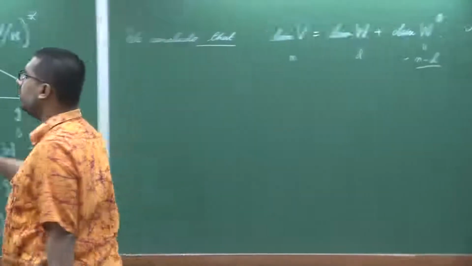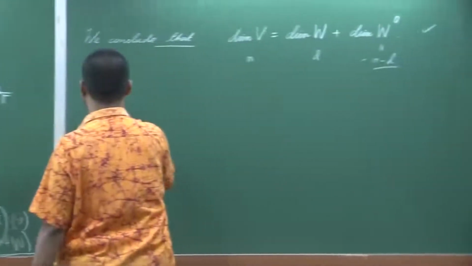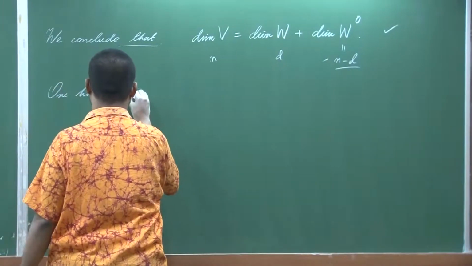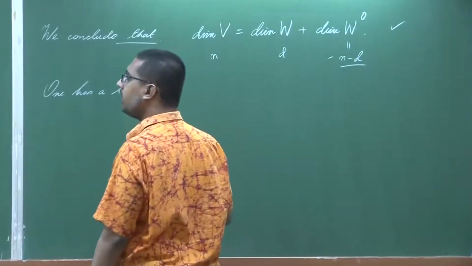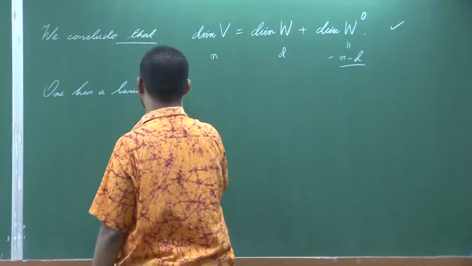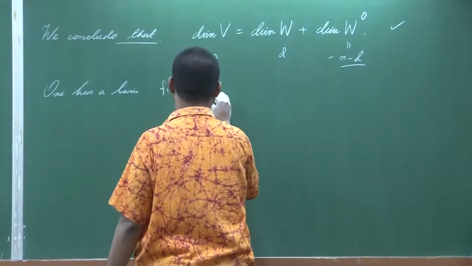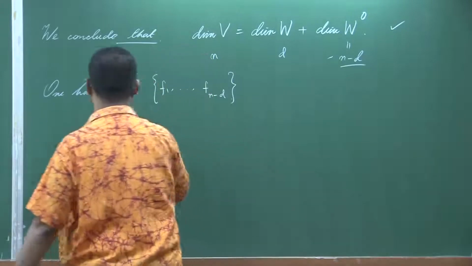Since these two spaces are isomorphic, one has a basis f1 up to f(n minus d), an ordered basis you can say.